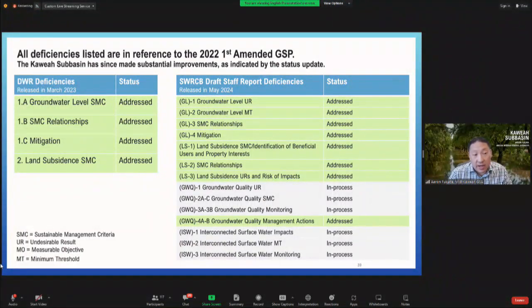And the elements here highlighted in green are what we've addressed in the June 13th revised GSPs that were submitted to the State Water Resources Control Board staff. We've already established technical teams to work on the groundwater quality and interconnected surface water elements and are working diligently. And we intend to collaboratively work with staff at the state board to address these concerns in the very near future. Next slide, please.